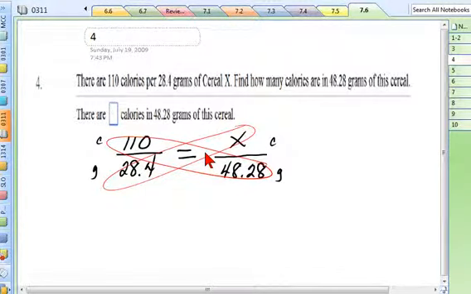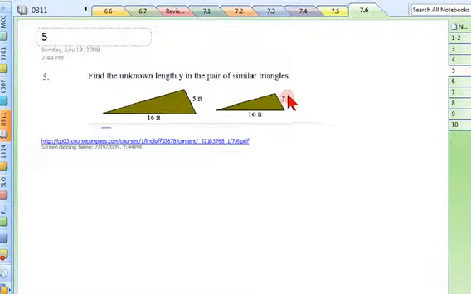Let's go to 5. Now, I probably should have blown this one up. It says, find the unknown length y, which is right here, in the pair of similar triangles. Now, if you took Math 301, and I keep mentioning that because we did a lot of things with proportions in there, then you're familiar with the concept of similar. Similar triangles have proportional sides.